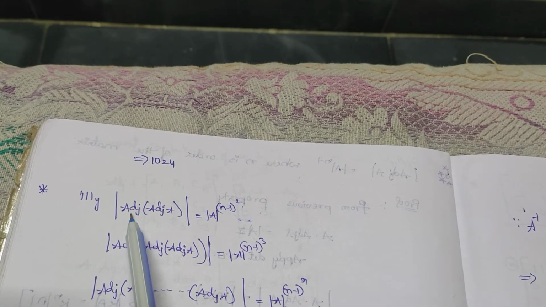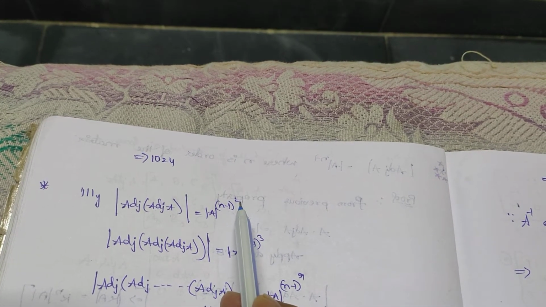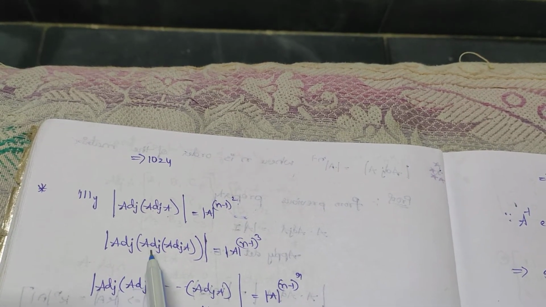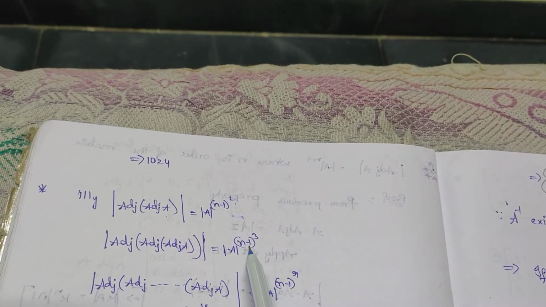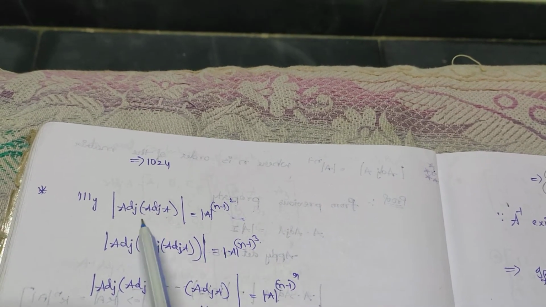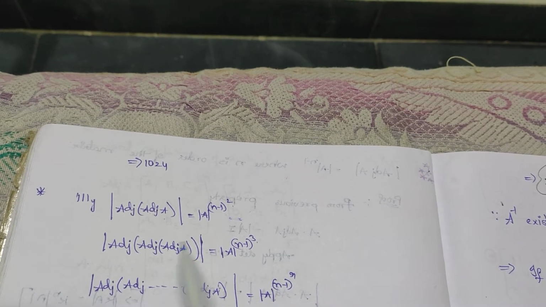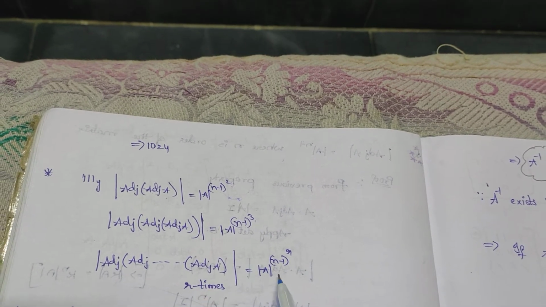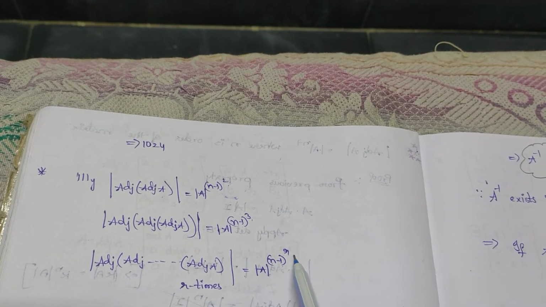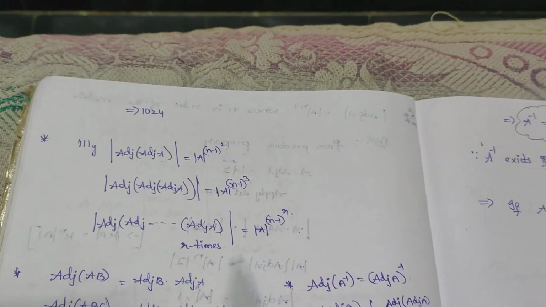If it is adjoint of adjoint of adjoint of A, it is det A whole power n minus 1 whole cube. If 2 adjoints are there, n minus 1 whole square. 3 adjoints are there, n minus 1 whole cube. If it is r times, determinant of A whole power n minus 1 whole power r. Okay, so this is the formula.